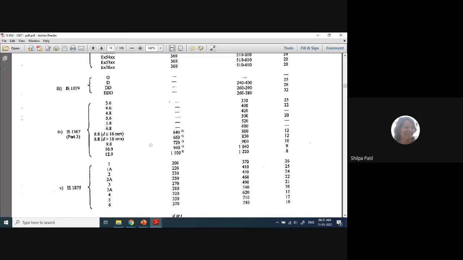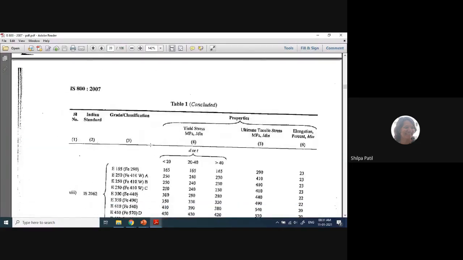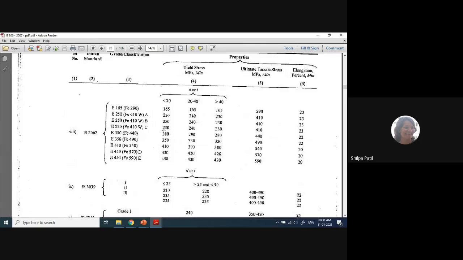Now our code is IS 2062, which is given here. This table we have already discussed. So these are the different grades for which the specifications are given in IS 2062. We are dealing with E250 or FE410 A, B, C. These are the grades.